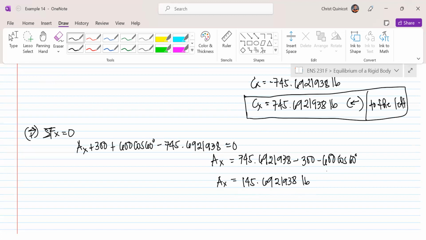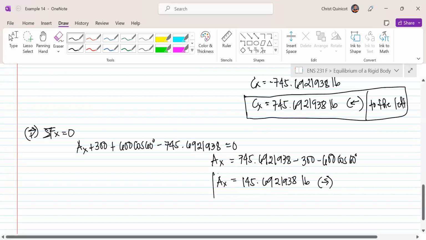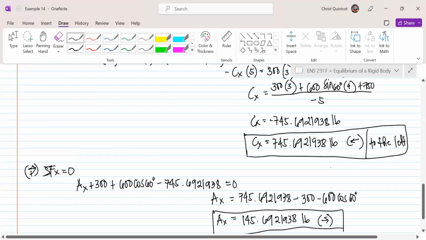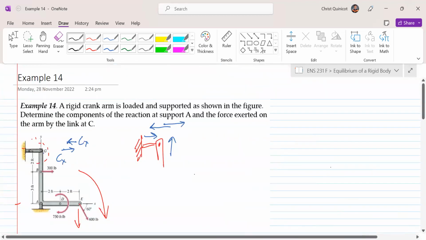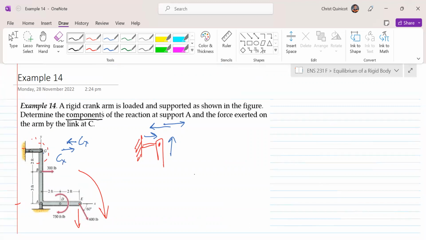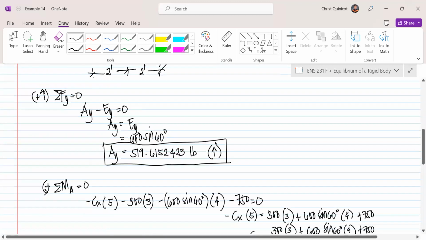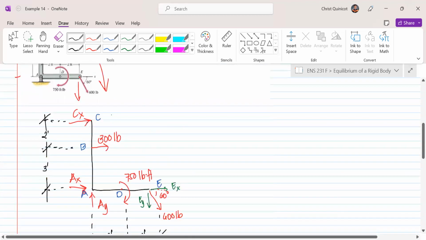Since this is a positive value, it means to the right. So this is now our support reaction at A. Since we are tasked to find the components, we don't have to express it as a single force. And then the force exerted on the arm by the link at C. So this is example 14.